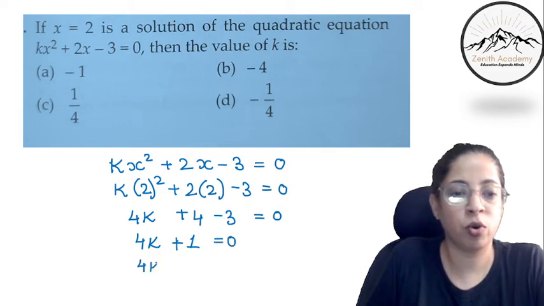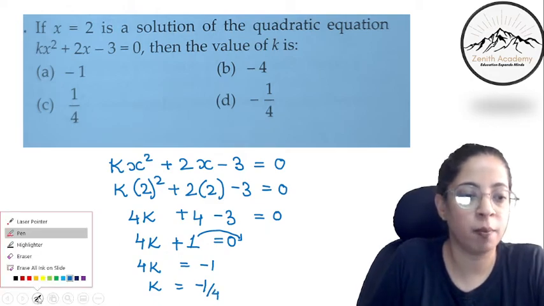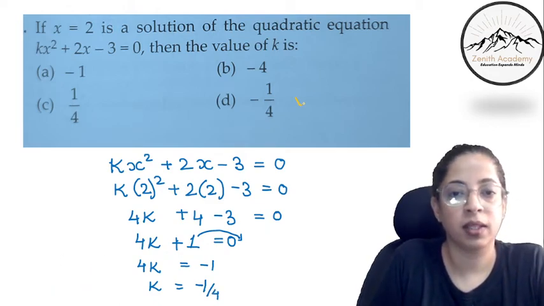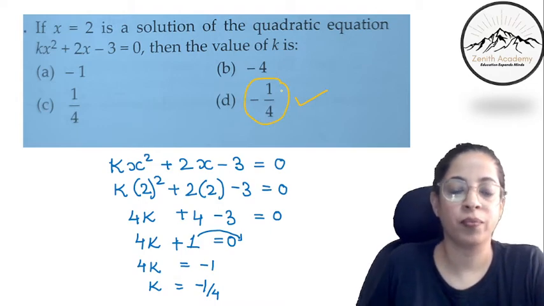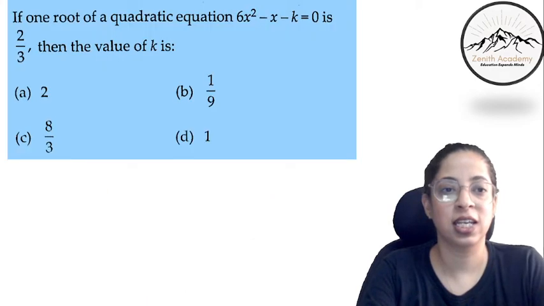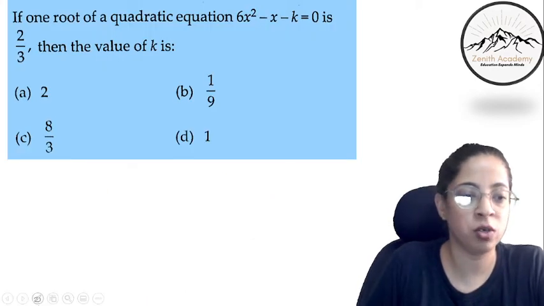If I bring plus 1 to the other side, it becomes minus 1. So k will be equal to minus 1 by 4, which is option D. I hope you have understood this. Let's see the next question now.